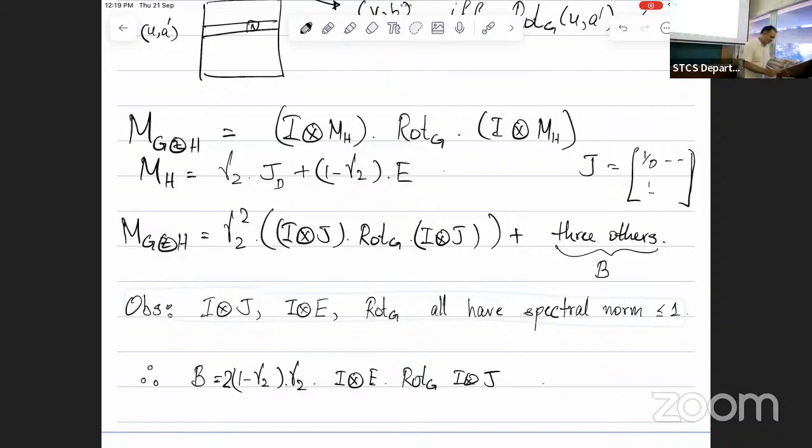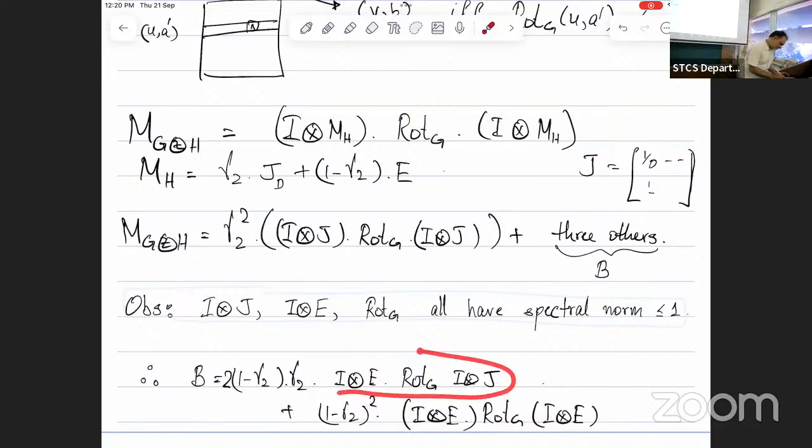I'm putting one this way, one that way, or something. Plus 1 minus gamma 2 the whole squared, I tensor E, rotation map G, I tensor E. This basically says that this has spectral norm at most 1, and this has spectral norm at most 1. That's why I put a 2. It's not really 2. In the first one E is on this side, in the second one E is on the other side. The matrices are not equal, but I'm being sloppy here.